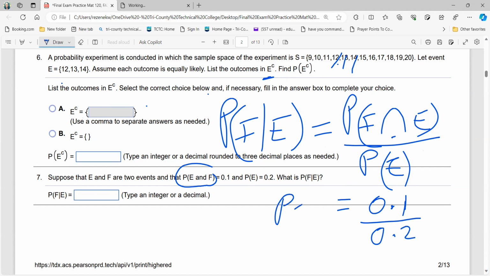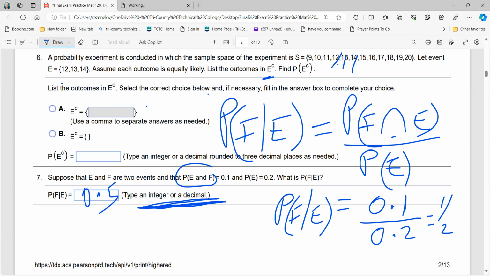If I move the decimal point to the right, I have 1/2. Therefore, the probability of F given that E happened first is 1/2 or 0.5. It says type an integer or decimal, so they don't want a fraction here. Type an integer or a decimal means your answer should not be in fraction. So that's 0.5. Do you have any question so far?